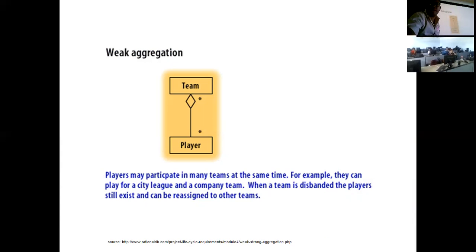But then I have a clear symbol, so that means weak aggregation. This is saying that players may participate in many teams at the same time. For example, they can play for a city, league, or a company team. When a team is disbanded, the players still exist and can be reassigned to other teams.